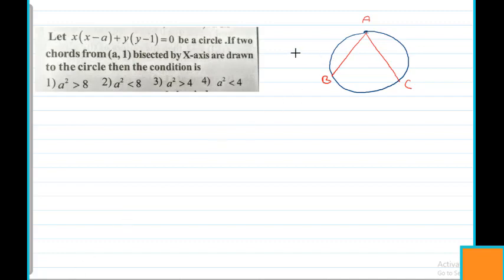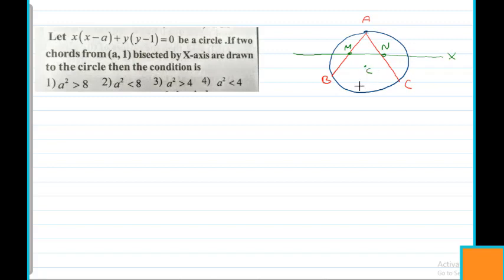According to the given information, the x-axis bisects both the chords. This is the x-axis, the green line. Bisecting both chords means these two become the midpoints. Let this point be M and this be N, meaning M is the midpoint of AB and N is the midpoint of AC.